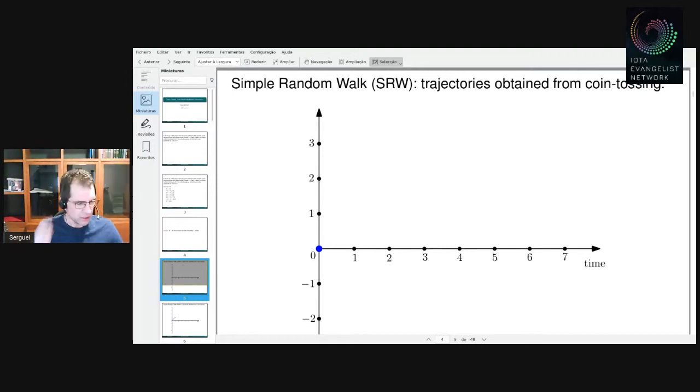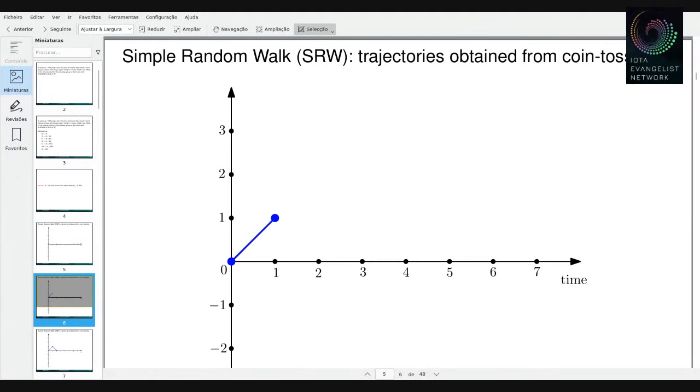But then what will happen, we will construct a trajectory out of this. First, you toss a coin and the result is heads. Then you make a step up. The horizontal axis is time. The vertical axis is just the position of the walk.